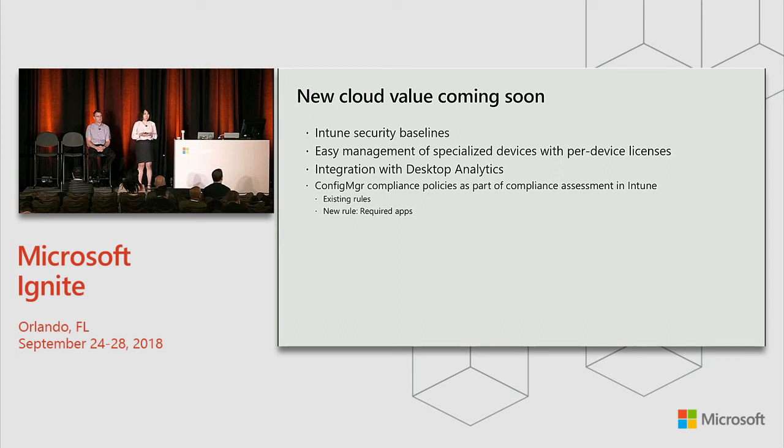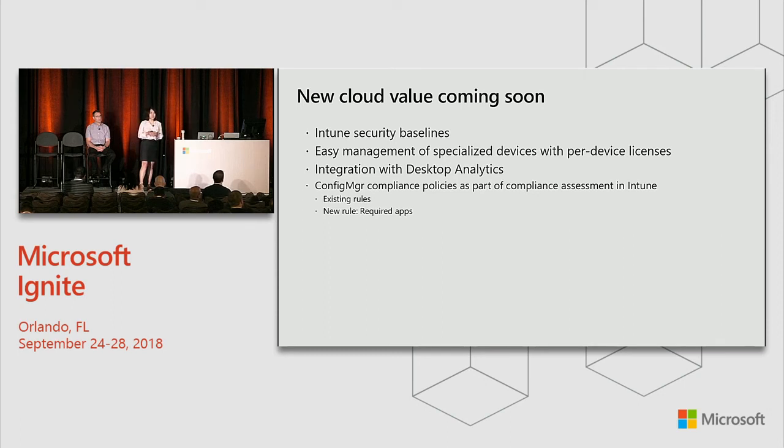So we have new cloud value coming up pretty much on a monthly basis. Intune is updating every month. And you probably have seen from previous sessions the new things coming up from Intune, so I'm not gonna just read through them. There's one thing I really wanted to highlight, which we're currently working on, and we don't have a fixed schedule for when to release yet: with co-management, with the knowledge from ConfigMgr and Intune side, for compliance policies that you want to use to control the device access to the corp resources, you can leverage the knowledge from ConfigMgr side as well.